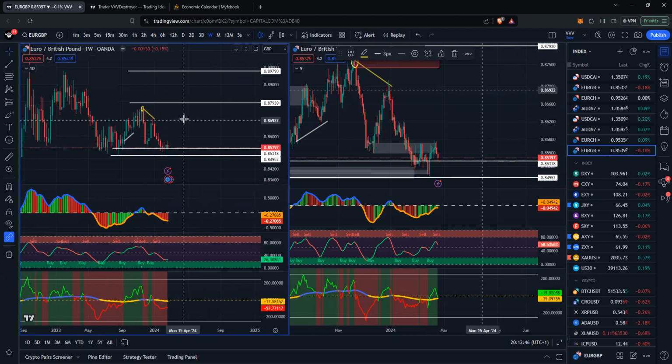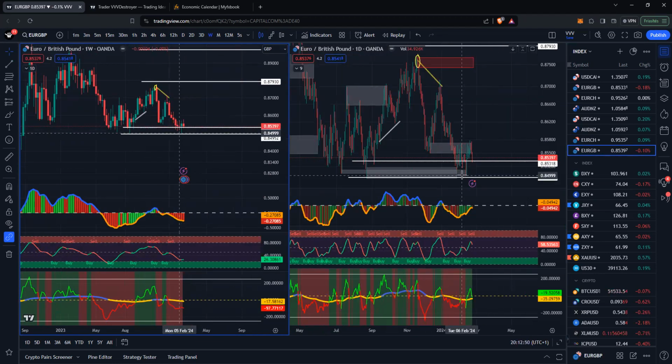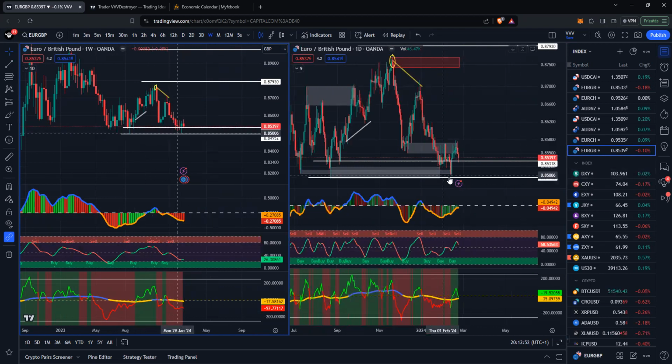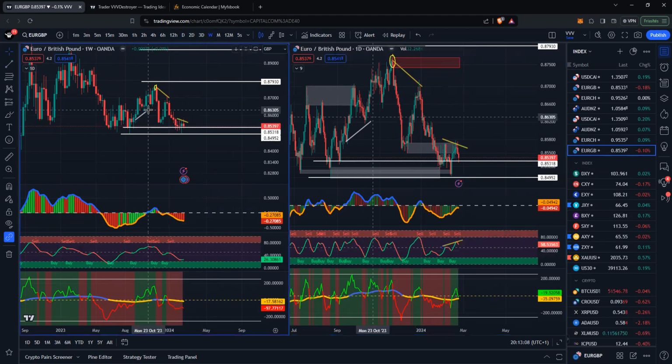Euro GBP. The Euro GBP also touched almost our target zone, and made some divergences, but now we see divergences from the other side. So we see this actually, and this is red.